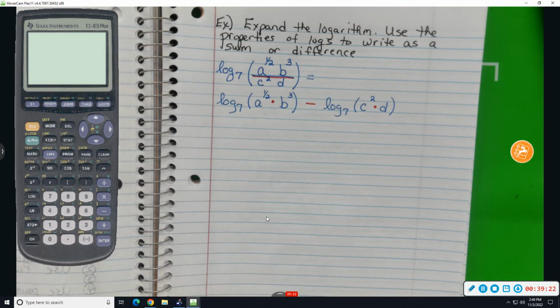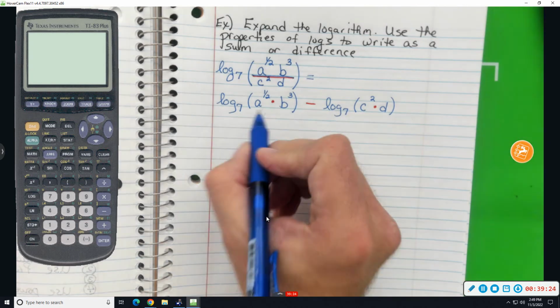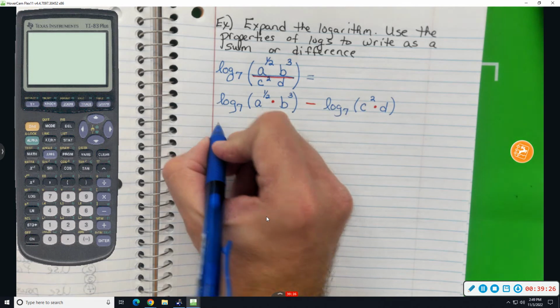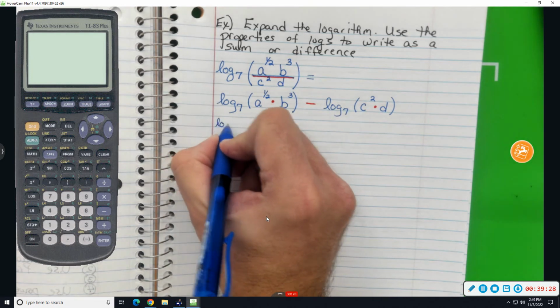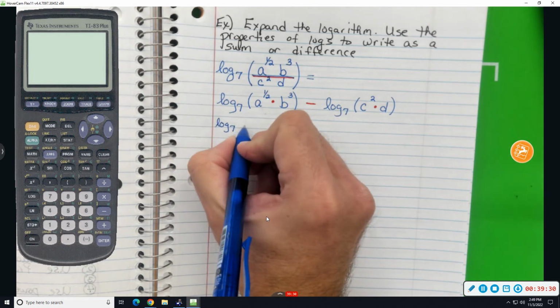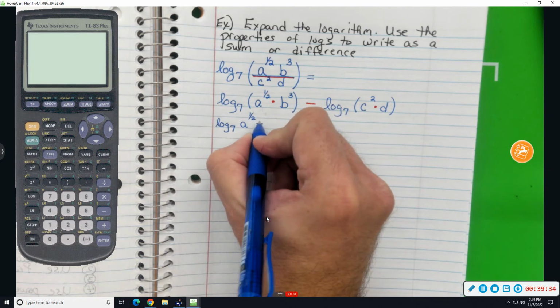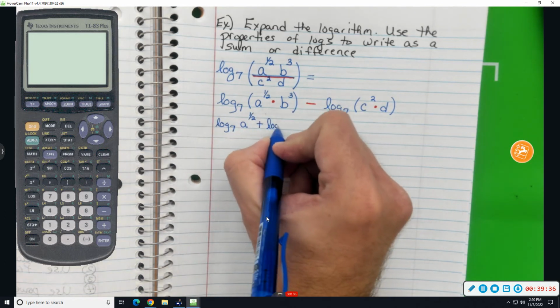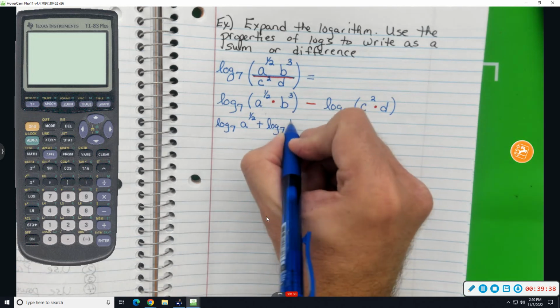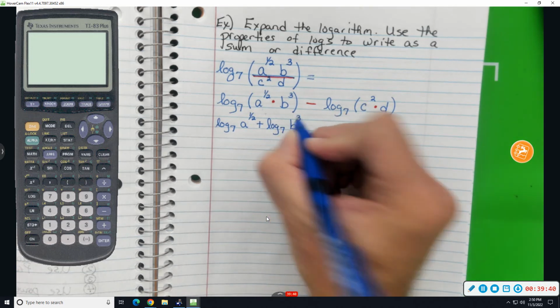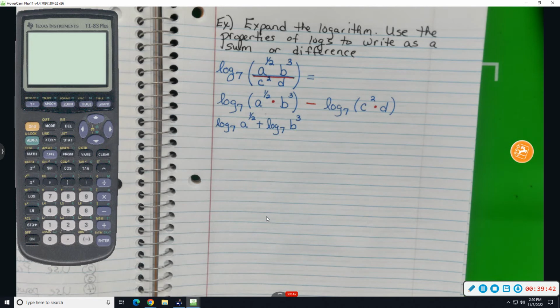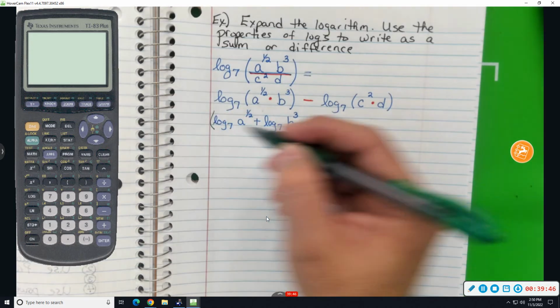I'm going to have to start writing a little smaller. So in place of this, I put log base 7 of a to the 1/2, plus log base 7 of b to the 3rd.